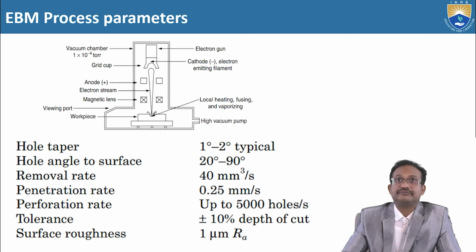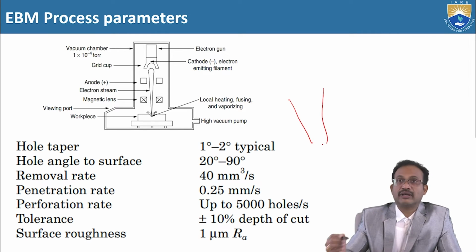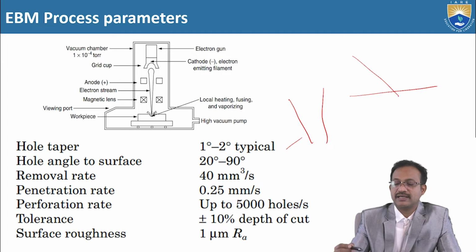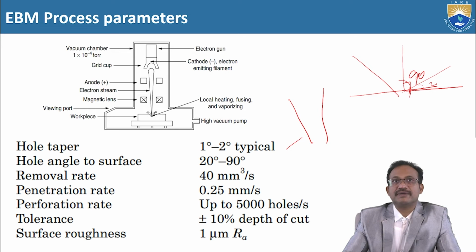Next, hole taper, that is 1 or 2 degrees typical. Hole angle to surface is 20 degrees to 90 degrees. Usually for general purposes we use 90 degrees.